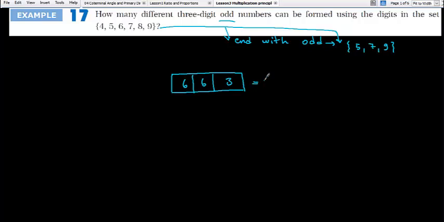Again, the 3 represents that these numbers can end with only 5, 7 and 9. We started from the rule box, and it is 6 times 6 times 3, 36 times 3, equal to 108. So 108 different numbers can be written.